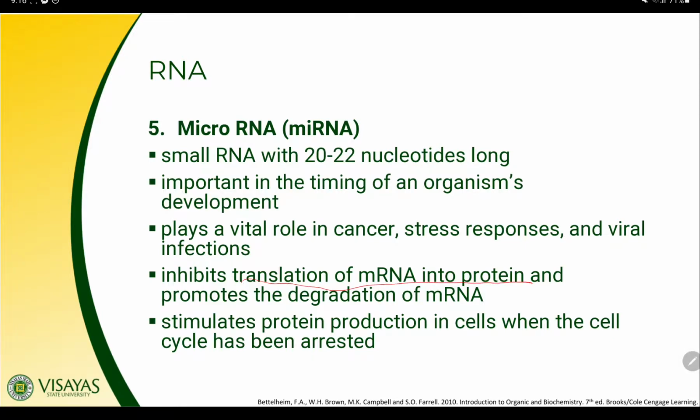It could help promote the degradation of mRNA, for example, in cancer cells. And it stimulates protein production in cells when the cell cycle has been arrested. So it can be used in stress responses, or to stop viral infections.